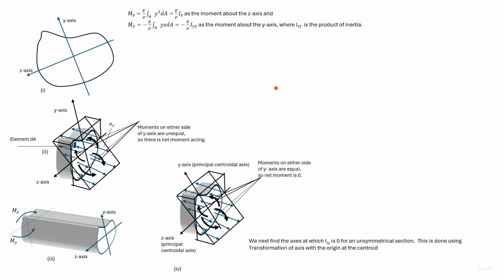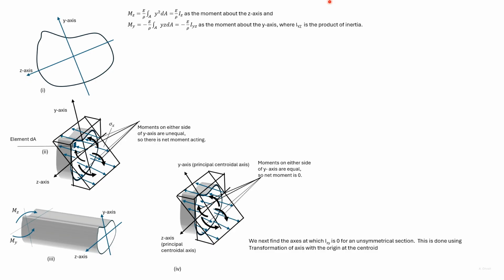We earlier discussed that the moment My would be zero if we choose axes for which the product of inertia is zero. Earlier we had considered symmetrical sections with only Mz acting. The flexure formula giving the distribution of stress was found out for only this one moment acting. Axes for which the product of inertia is zero are called the principal centroidal axes.